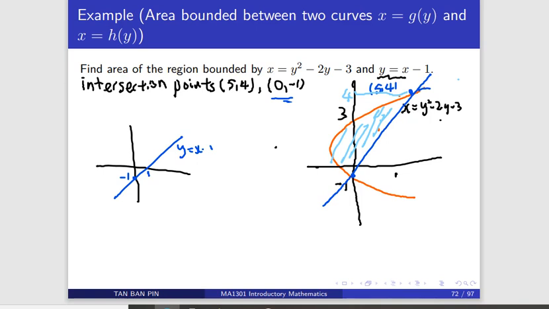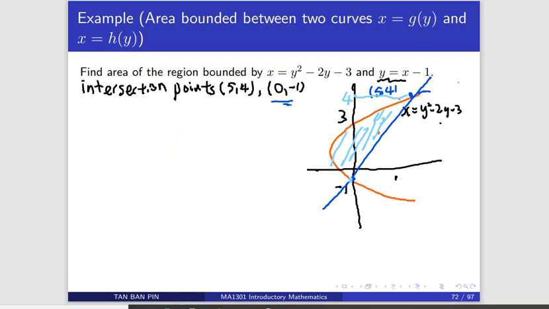Now it's clear that what you want is this region. So it's from minus 1 to 4, the y value. To find the area, you can just integrate from minus 1 to 4. The top curve is the line, which is x equal to y plus 1. So it should be y plus 1 minus the bottom curve, the red curve, which is y squared minus 2y minus 3, then dy.